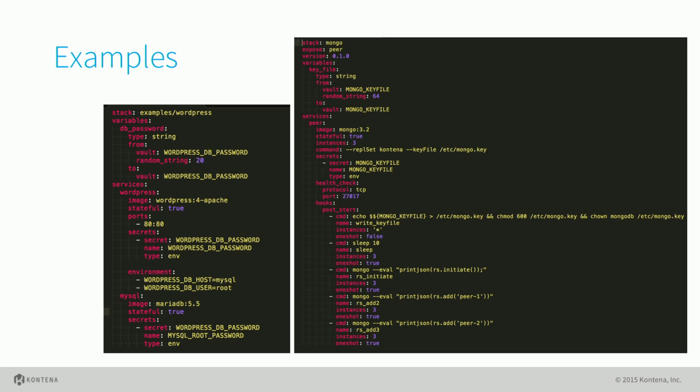But here's, for example, a WordPress site, where you pretty much notice that for the services themselves, the syntax is exactly like it used to be with the Kontena YAML definition. But there is some added metadata in the top part.